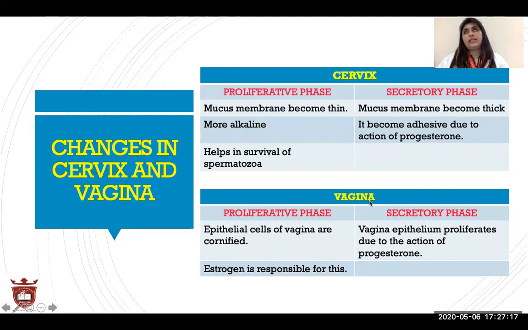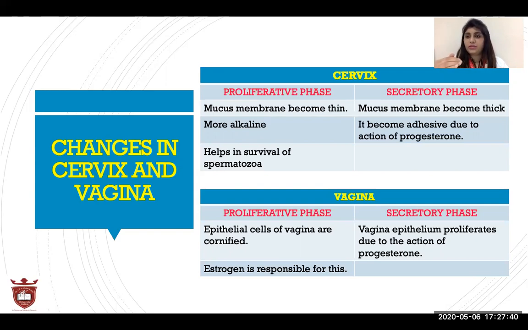During this, over the time, this corpus luteum, as I said, degenerated to corpus albicans. At the same time, corpus albicans doesn't make any hormones, so estrogen and progesterone levels are very low.